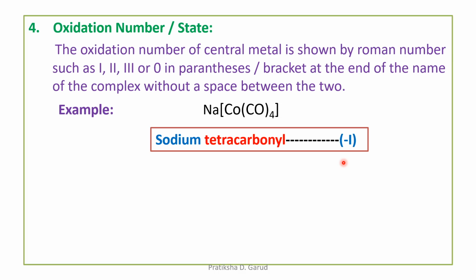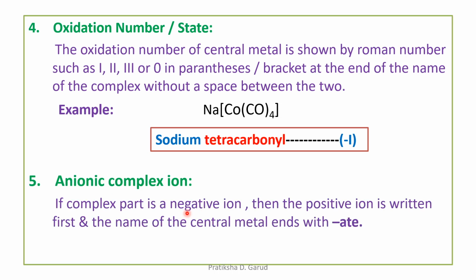Then rule number 5 is the anionic complex ion. In the first rule we have seen the cationic. Now next is the anionic complex ion. If the complex part is the negative ion, then the positive ion is written first. We have seen this in the first rule. Then the name of the central metal ends with -ate. Okay, that means this is an extension of the first rule.